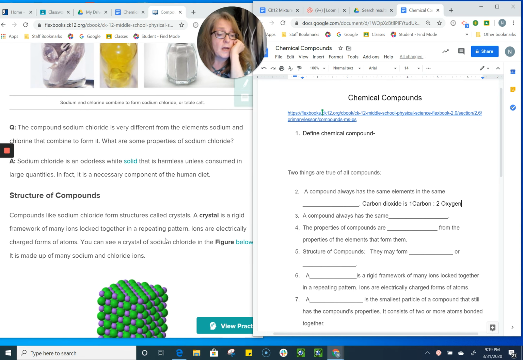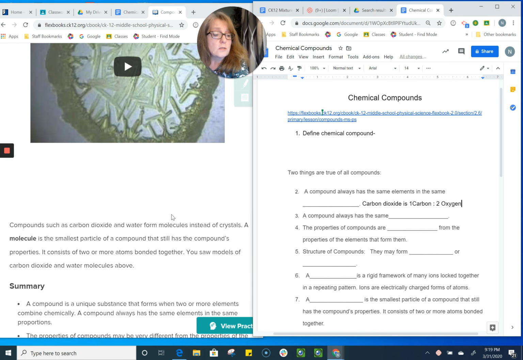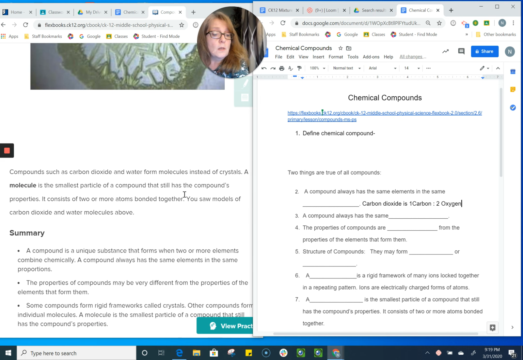The structure of compounds, like the sodium chloride, they form crystals, which are a rigid framework packed together. Or they could also form what we call molecules. And so they form crystals or molecules.